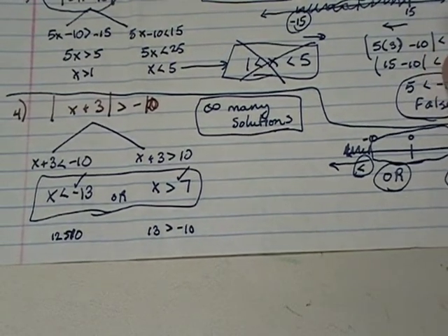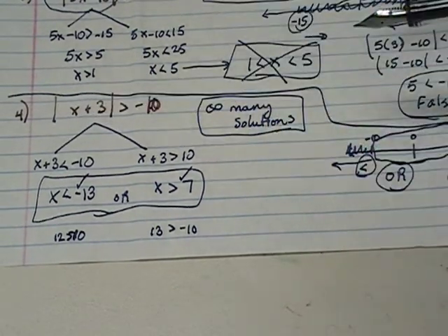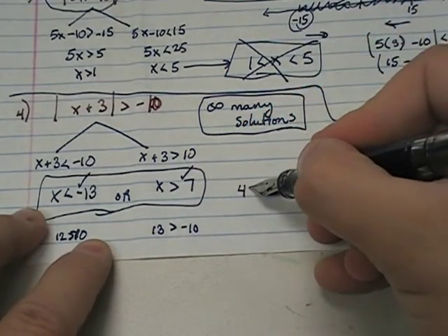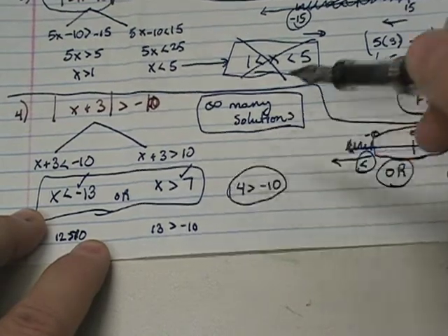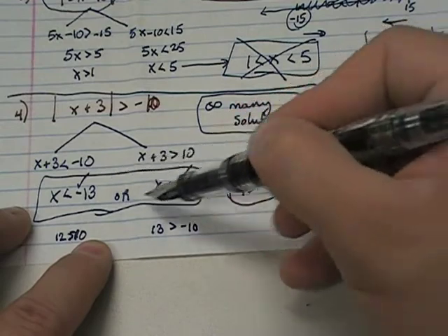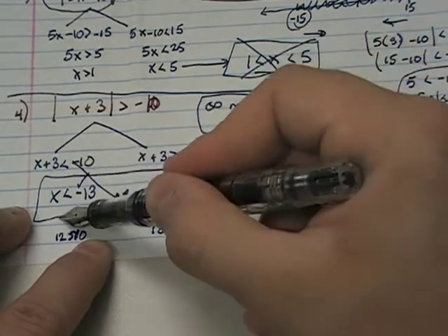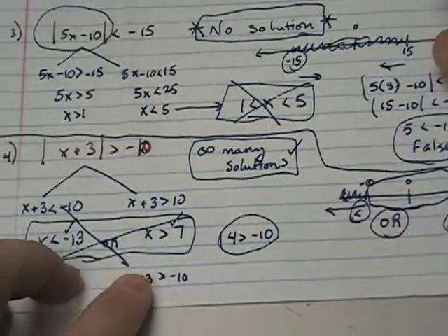How about positive 1? 1 plus 3 is 4. The absolute value of 4 is 4. Is 4 greater than negative 10? Yes, it is. So by finding something between these two that is also correct, this solution is incorrect, and the infinite solutions answer is correct.